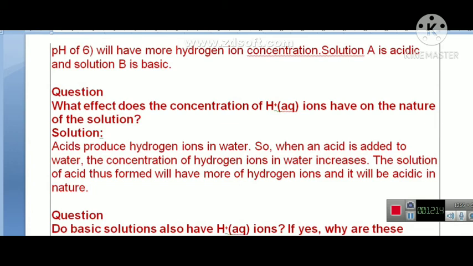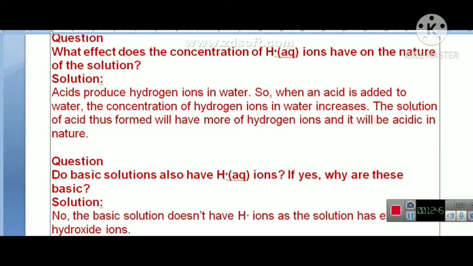The more the pH, the less the acidic character and the less the hydrogen ion concentration. Therefore, solution B is basic, solution A is acidic, and the acidic solution has more hydrogen ion concentration, while the basic solution has lower hydrogen ion concentration.